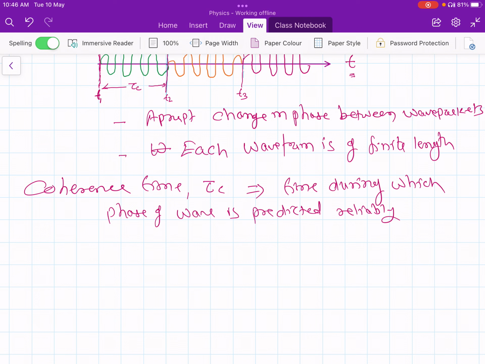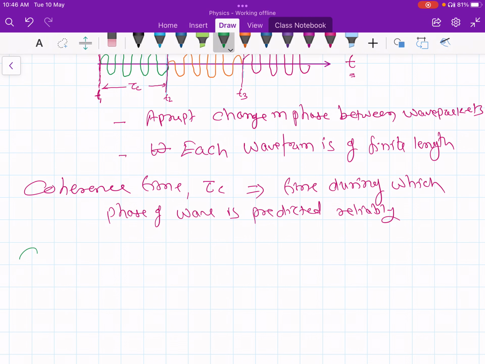Then we will define coherence length. Coherence time is tau c. So, in this time, how much distance will the wave travel? Coherence length is denoted by the letter Lc, and this Lc is equal to c into tau c. So, in time tau c, the wave will travel a distance equal to c into tau c.